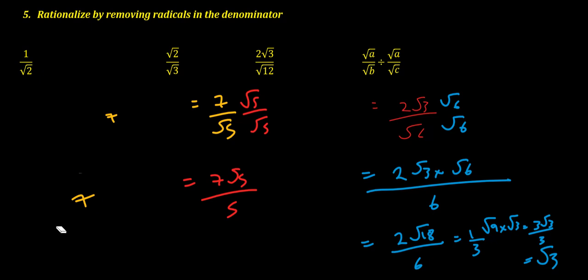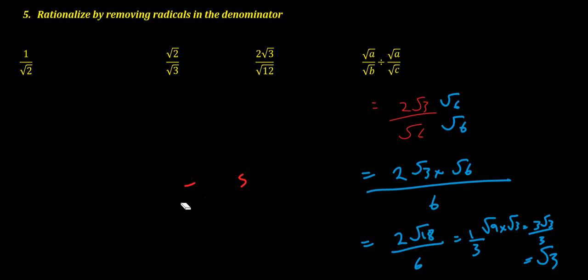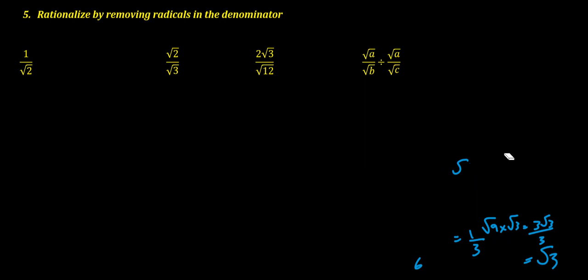So rationalising is a really important skill in maths, because lots of computations leave radicals on the denominator, and mathematicians don't like radicals on the denominator because it makes computation much more difficult.